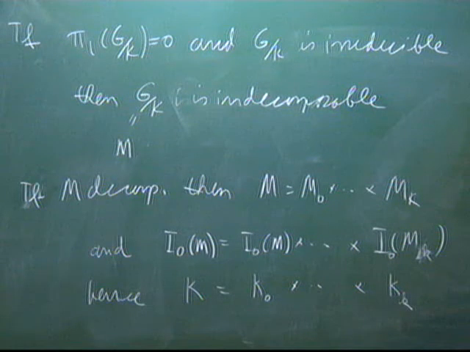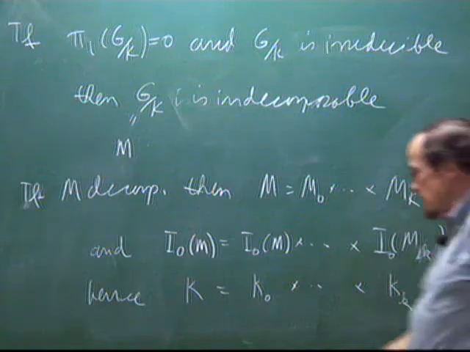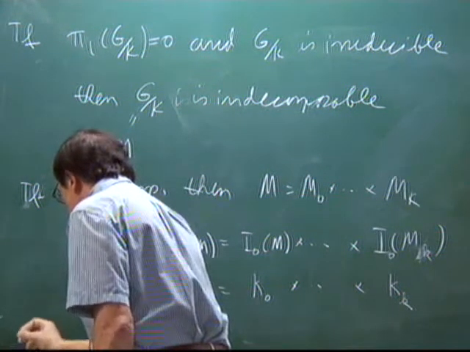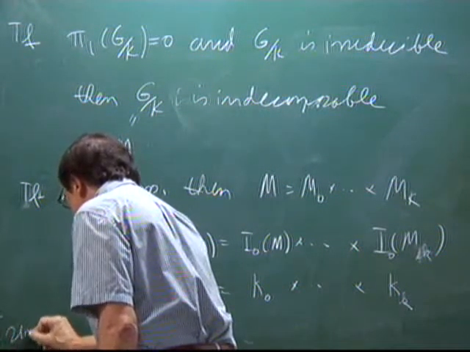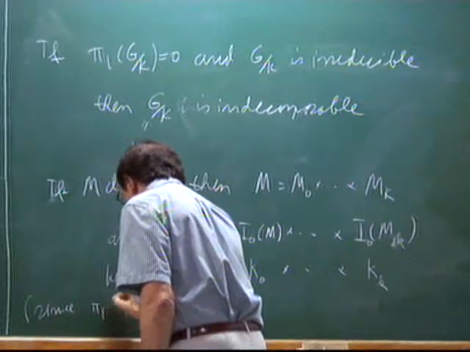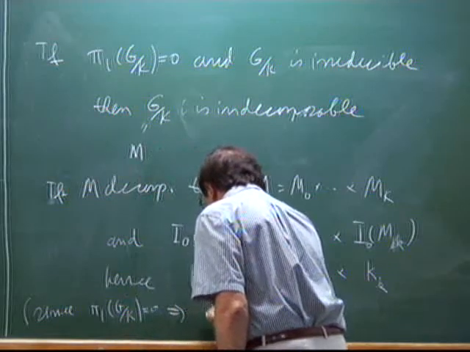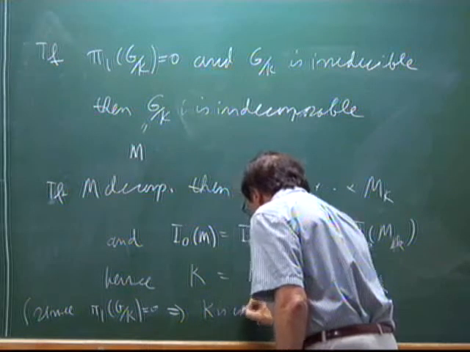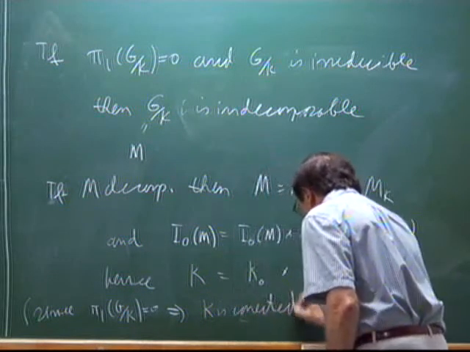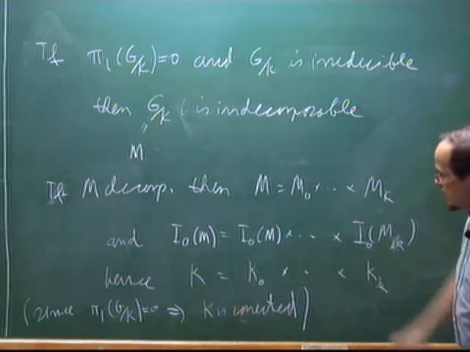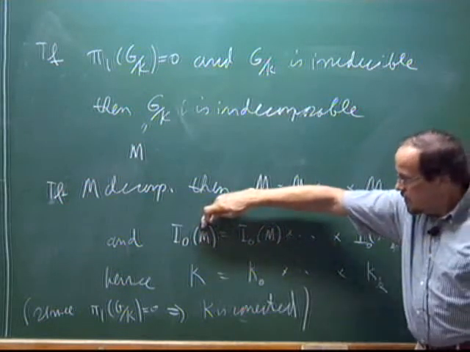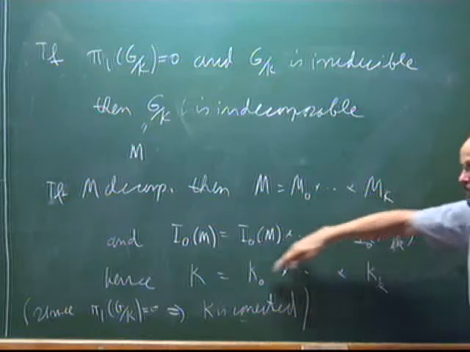To see this, all I have to observe is, so notice that K is connected. Since pi 1 of G mod K is equal to 0, this implies K is connected. K is connected, lies inside the isometry group. Therefore, it must also split into factors like this.